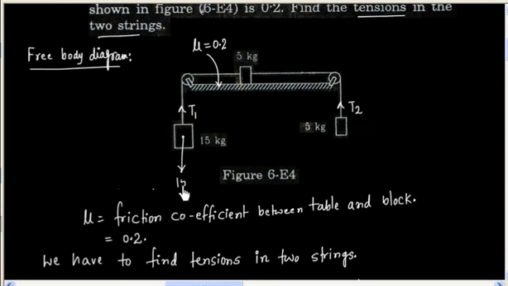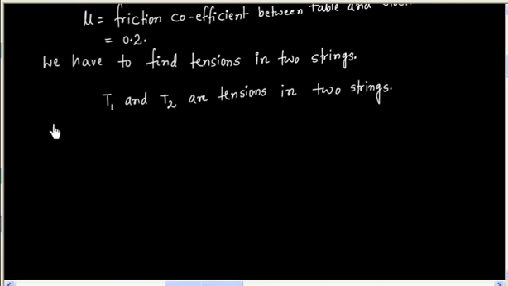So weight will act in the downward direction. Now let us say this mass is falling downward with acceleration a, and this is moving in the left direction, and this is going up. All blocks will move with the same acceleration.